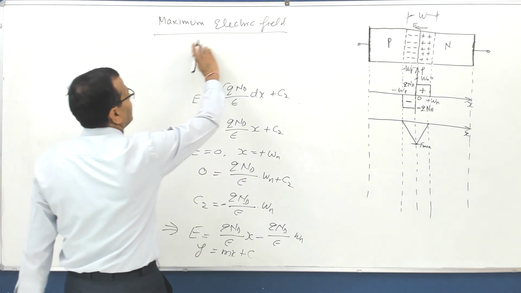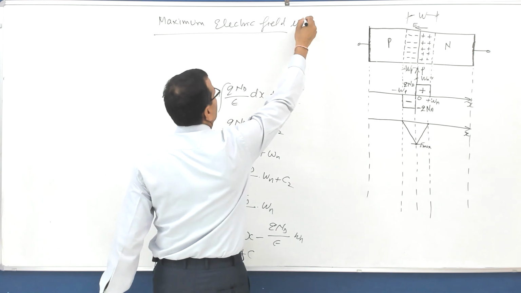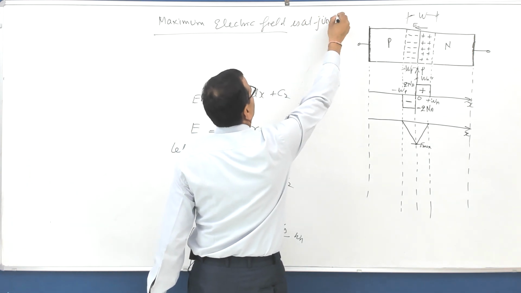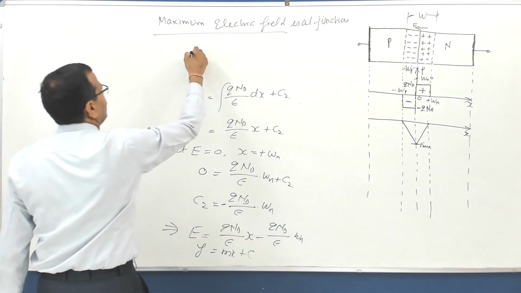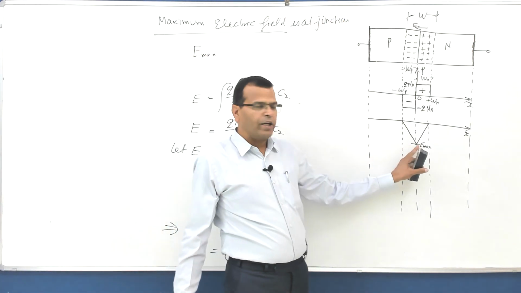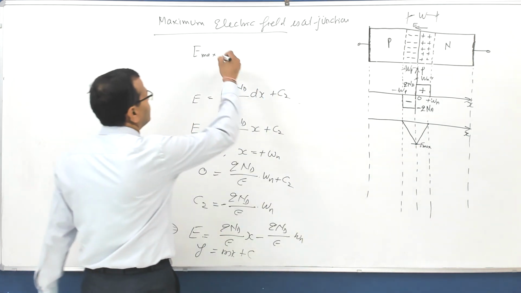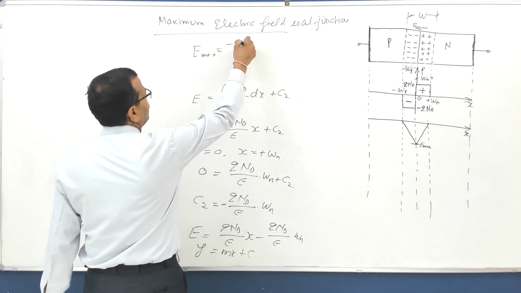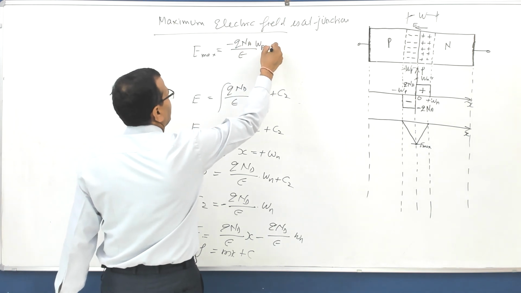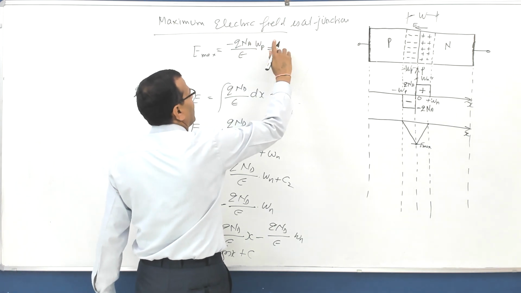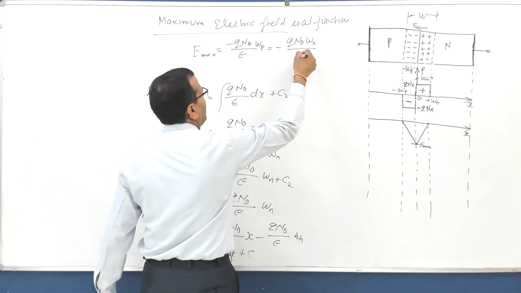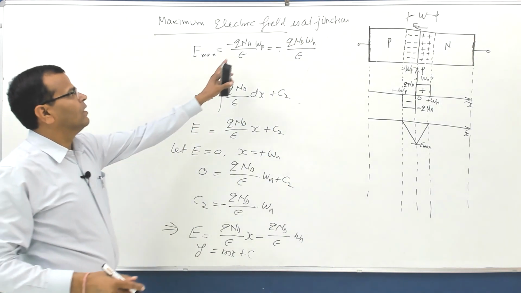So electric field at junction, and that value of the electric field at the junction is E max. If you compare these two equations, this is coinciding with both the lines, so this was equal to minus qNa by epsilon into Wp equal to minus qNd Wn by epsilon.